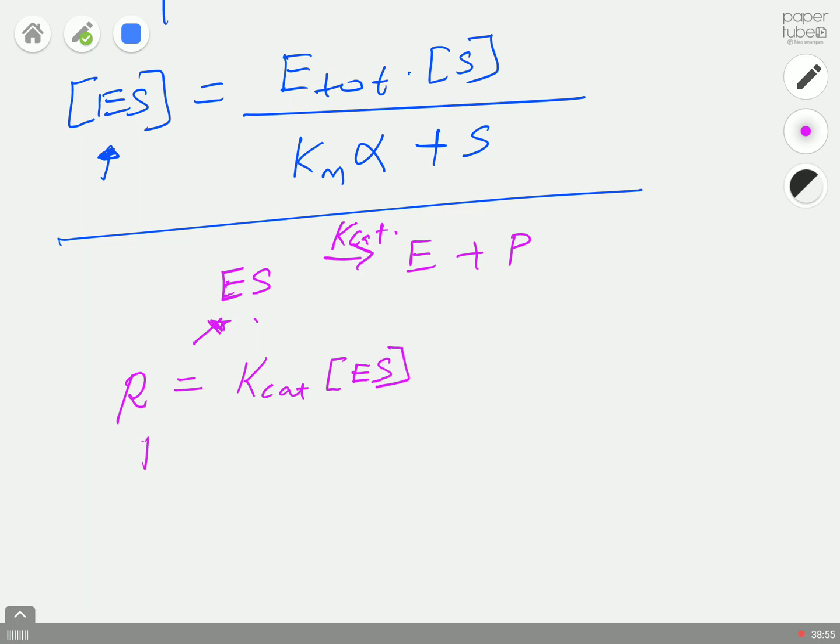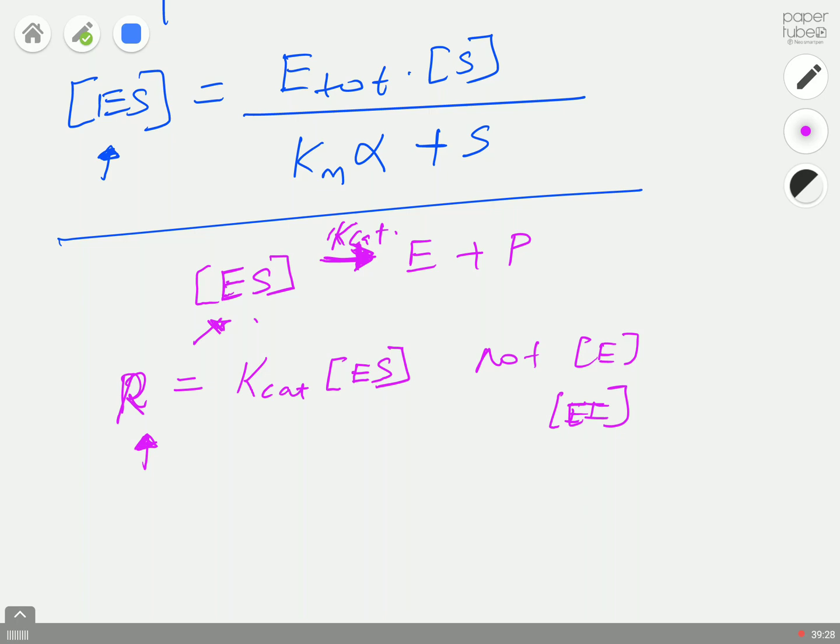What this expression says is the rate of your reaction is simply proportional to the kinetic constant of this forward reaction, K catalyst, and it depends only on the concentration of the enzyme substrate complex, not on the concentration of enzyme or enzyme inhibitors. So the rate of product formation depends on the concentration of the enzyme substrate complex. This is something you have to remember.